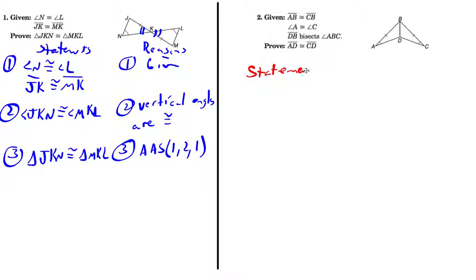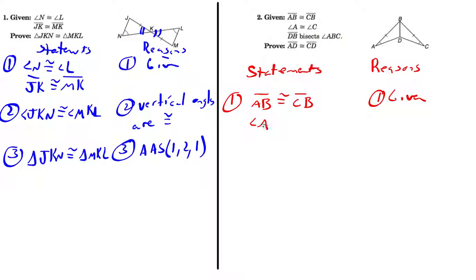For the next proof, statements and reasons, let's start off with given. So AB is congruent to CB, angle A is congruent to angle C, and DB is the bisector of angle ABC.